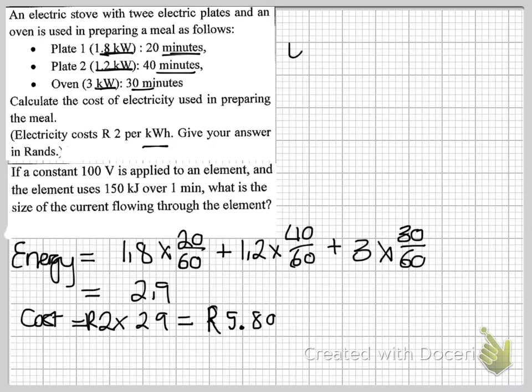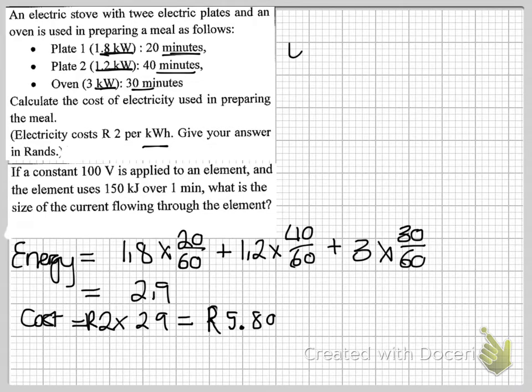Right. And then the second part says if a constant 100 volts is applied to an element and the element uses 150 kilojoules over 1 minute, what is the size of the current flowing through the element?